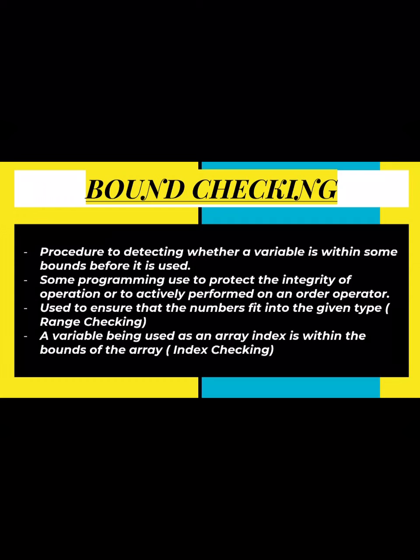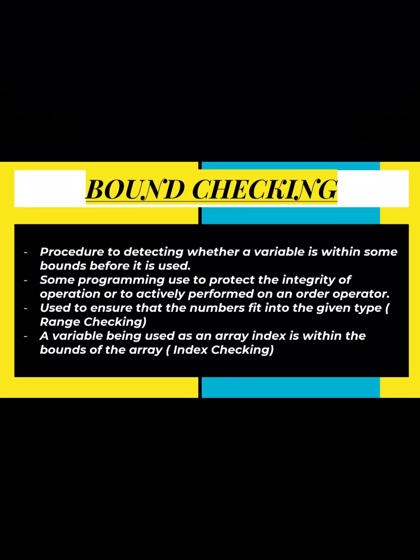It can be used to protect the integrity of operation or to actively perform on an order operator. It is usually used to ensure that the numbers fit into the given type, or a variable being used as an array index is within the bound of the array.